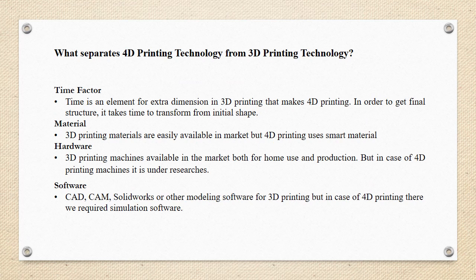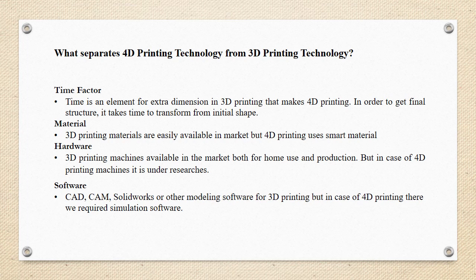The second part of the discussion is what separates 4D printing technology from 3D printing technology. Time factor: in 4D printing, the fourth dimension is time, and it takes a lot of time to transform from the initial shape to the final shape. Second is materials.